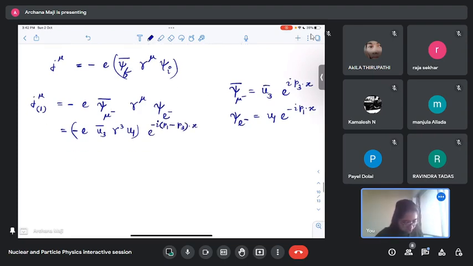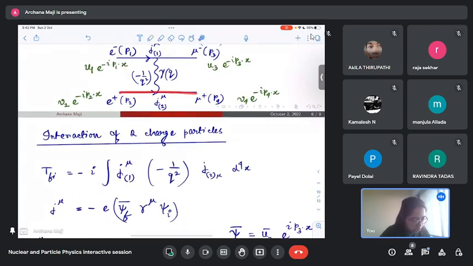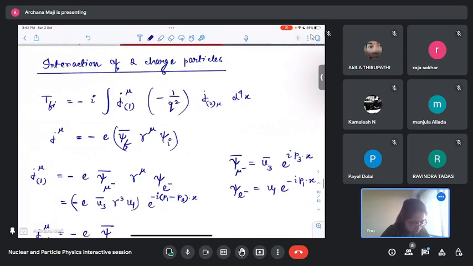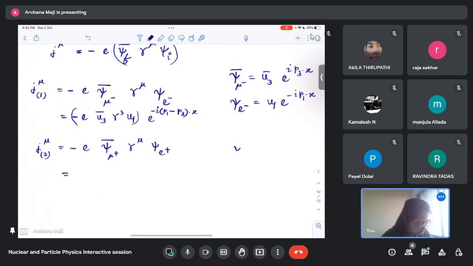Likewise, J2 mu will be minus E psi bar final gamma mu psi initial. Here the final wave function corresponds to mu plus. So psi bar for mu plus gamma mu psi for the positron.